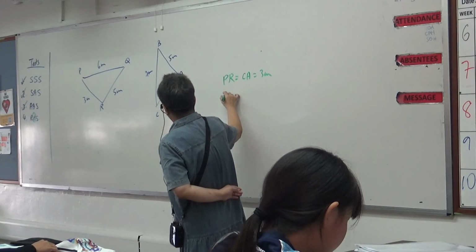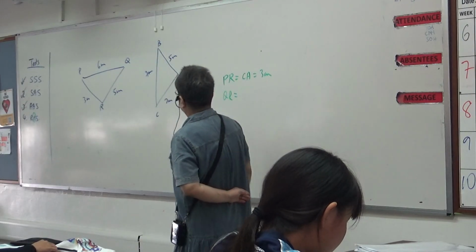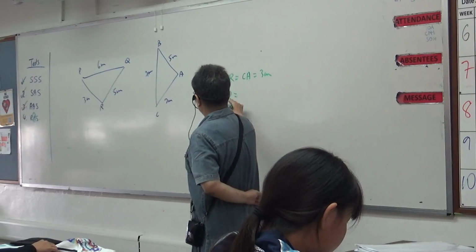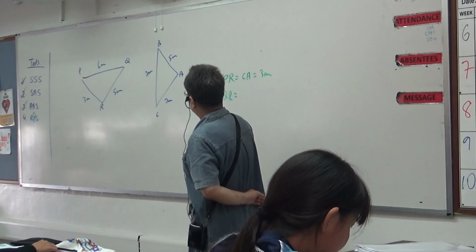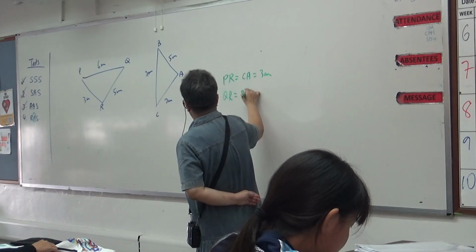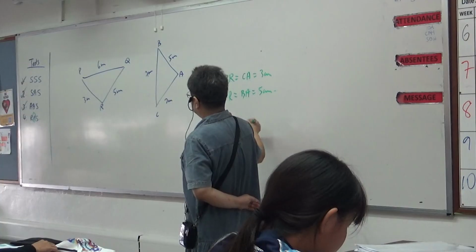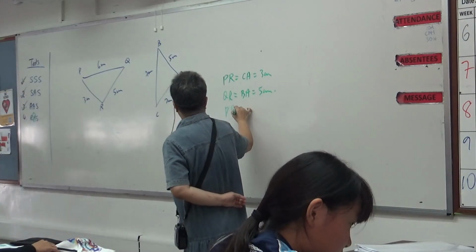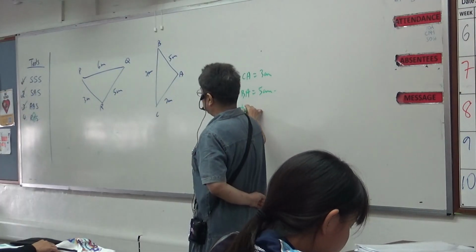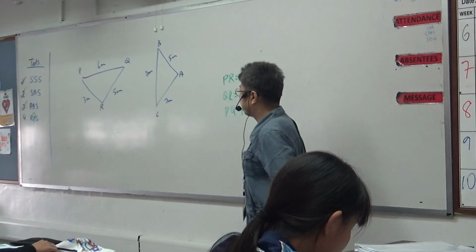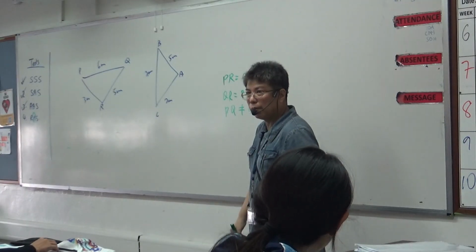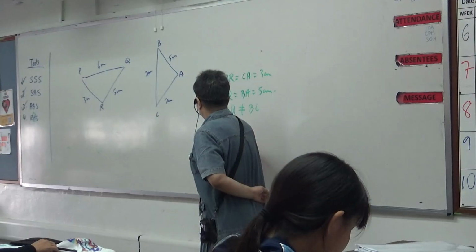Next one, QR equals to BA, right? Equals to 5 cm. But PQ is not equal to BC, right? Can you see that? This one is how many cm?